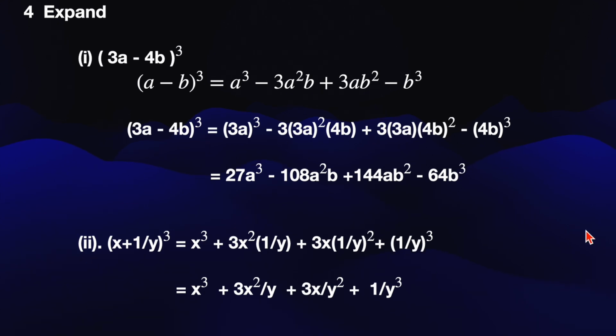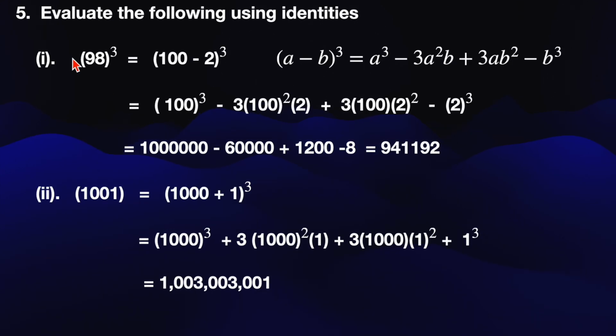These are all general formulas. Here we will substitute 98 as 100 minus 2 and apply this formula. Wherever a is there, write down 100. Wherever b is there, write down 2 and then solve it, you will get the answer. This we will write as 1000 plus 1 and expand this with the help of the general formula, you will get this answer.